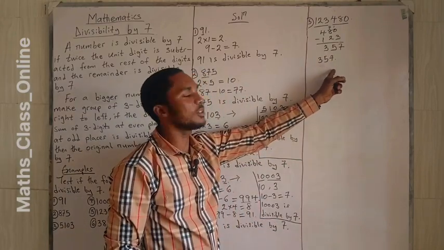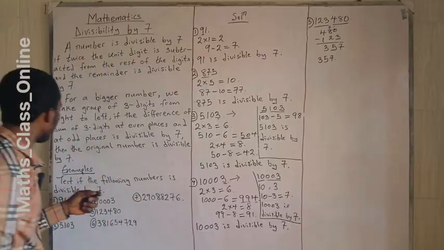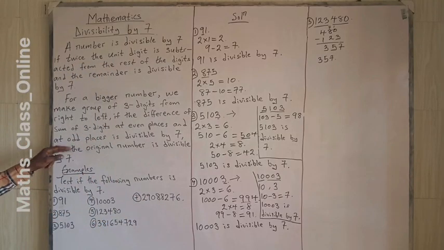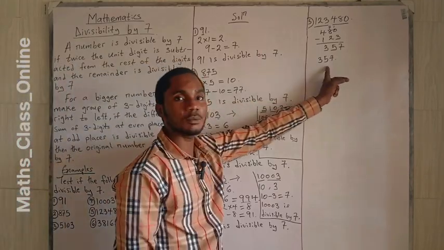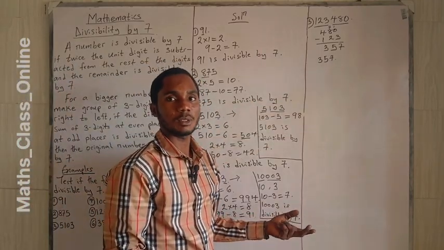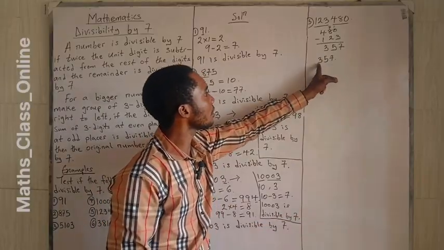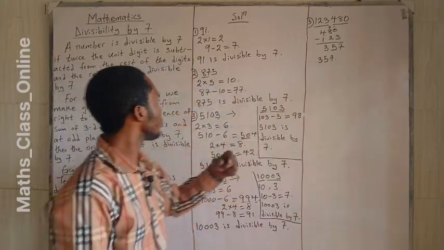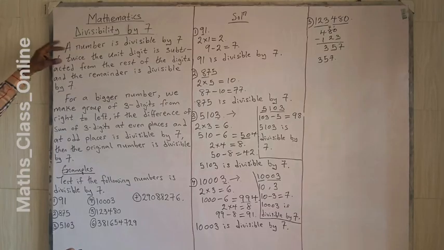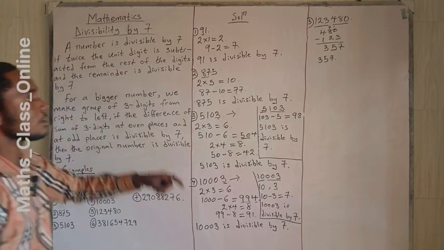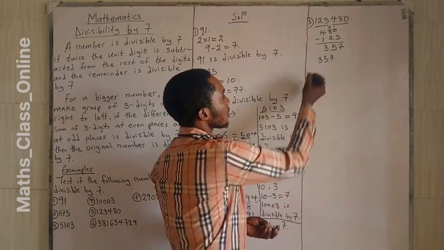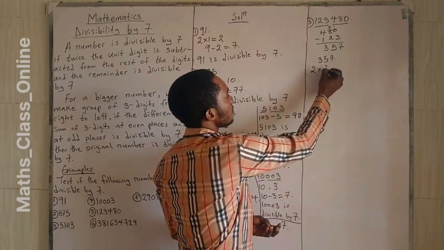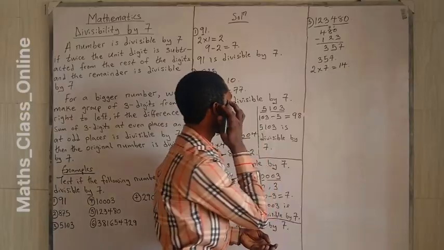Is 357 divisible by 7? Because what do we have here? After taking the difference, if it is divisible by 7, then the original number is divisible by 7. Is 357 divisible by 7? This is also a bigger number. But if we group this in 3, we don't have another number. Let's use what? The first rule. And the first rule is what? Twice the unit digit. What is the unit digit here? That is 7. Twice the unit digit, that is 2 times 7, which is equal to 14.